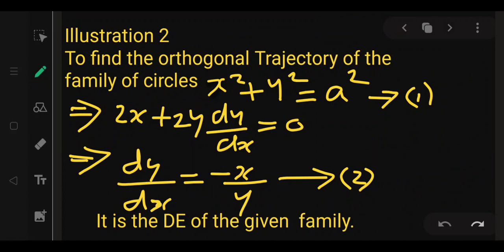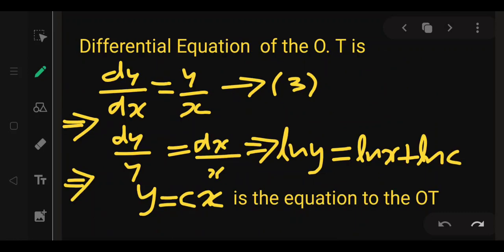Next, what do we do? We have to find the differential equation of the orthogonal trajectory. How do we get it? Just replace dy by dx in this equation by minus dx by dy, which gives dy by dx equal to y by x. This is variable separable, and this is the differential equation of the orthogonal trajectory.